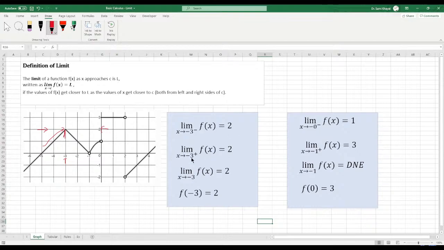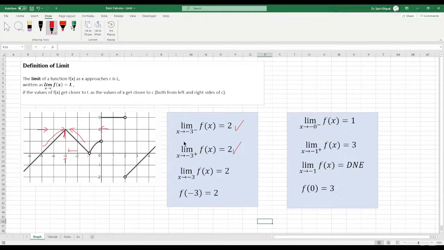Now, what about the second one? The limit of x approaching -3 from the right side, meaning I will go from this direction, until I reach x equal to -3, and I will find the answer is also 2.